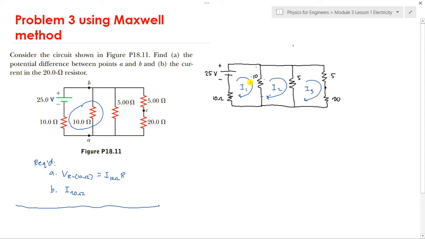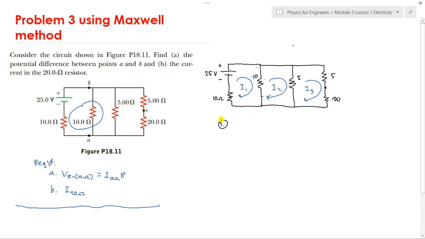Except for the batteries, we neglect the positive and negative terminals. For the power sources, we take note of their sign convention. Okay, so let's start again.